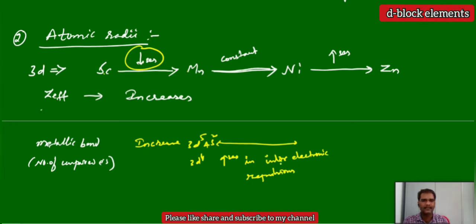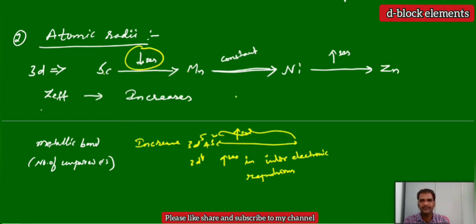If the inter-electronic repulsions increase, ultimately what happens? The electron cloud will expand to minimize those repulsions. If the electron cloud expands, automatically size will increase. So, in this region, from manganese to nickel, the inter-electronic repulsions influence increasing the metallic radii, and here Z effective shows that it is decreasing the metallic radii.